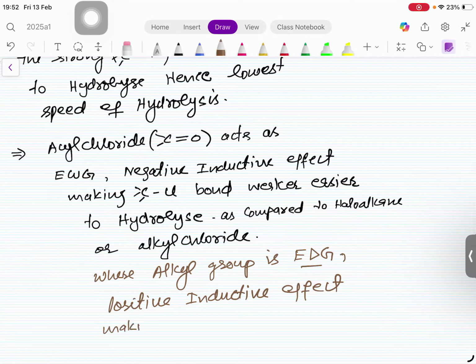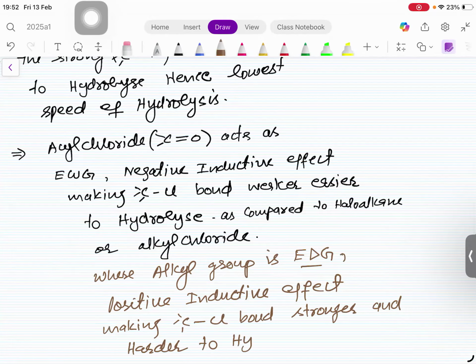Making C-Cl bond stronger. And harder to hydrolyze.